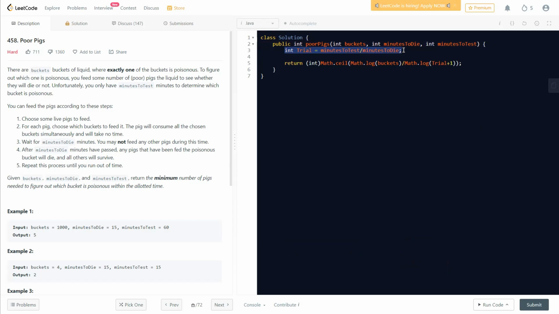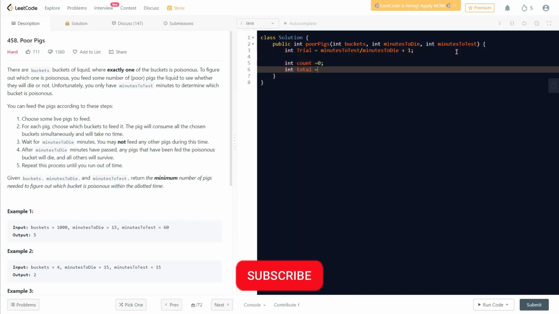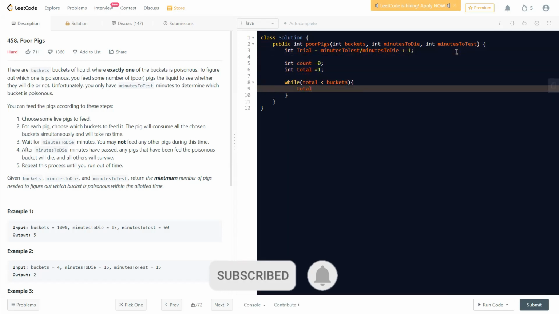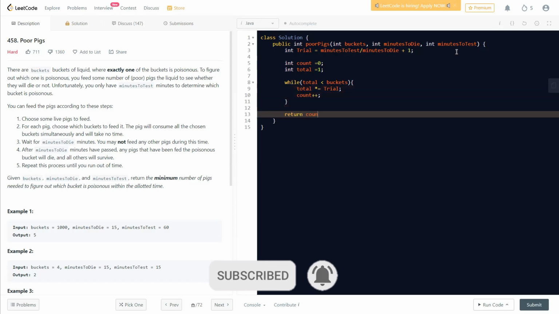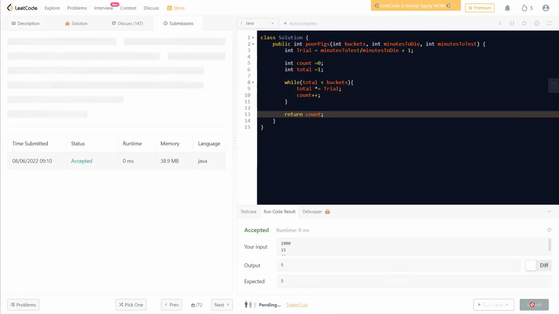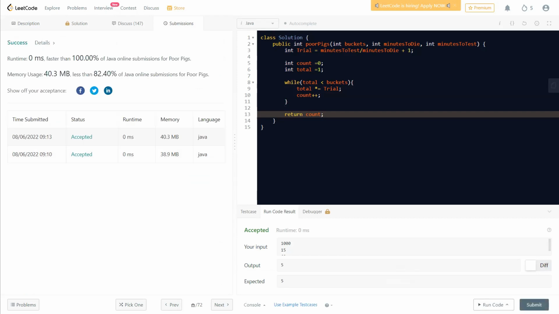With each trial you need to keep increasing the count. If I just show you immediately, look here. This is using much more memory, that's what the LeetCode compiler is telling us.